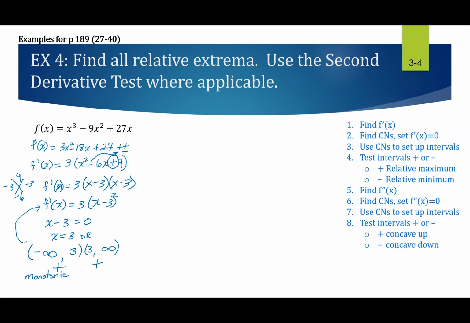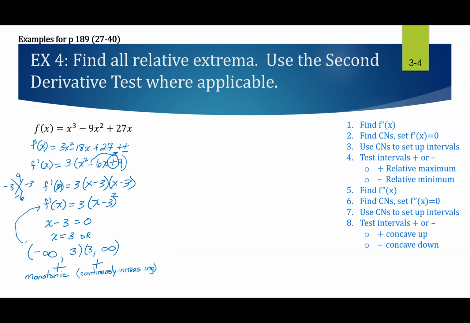This may be a new word for you. Monotonic means never changing. So technically, this is a continuously increasing function. And I'll show you what it looks like when we get to the end.